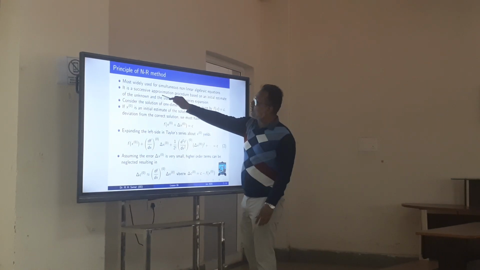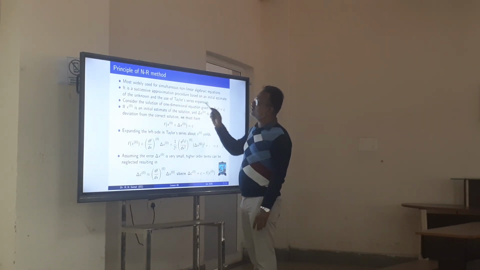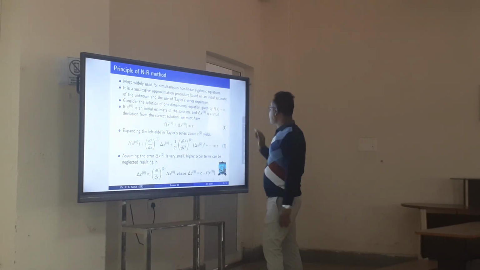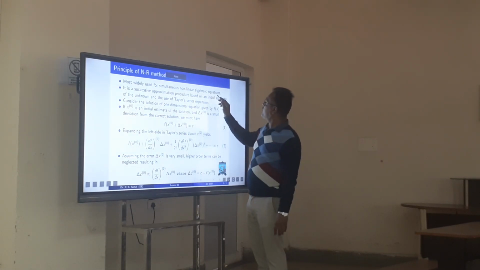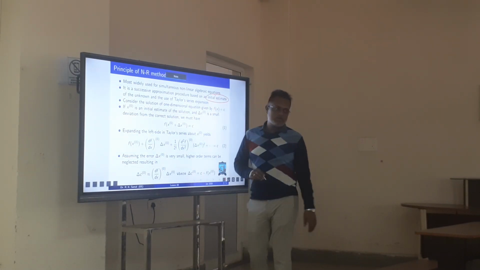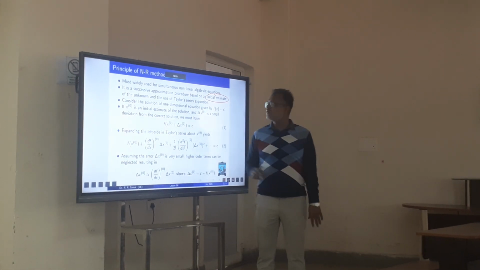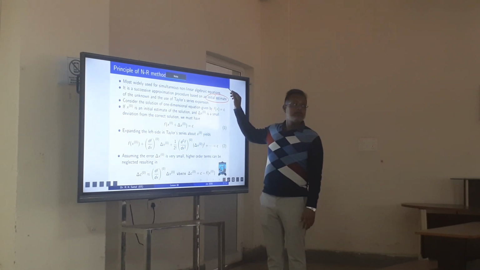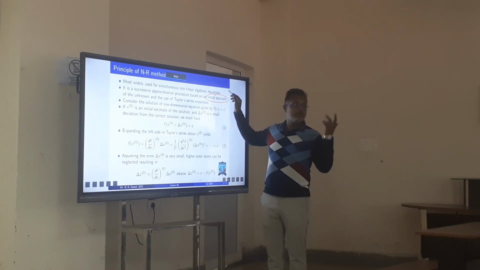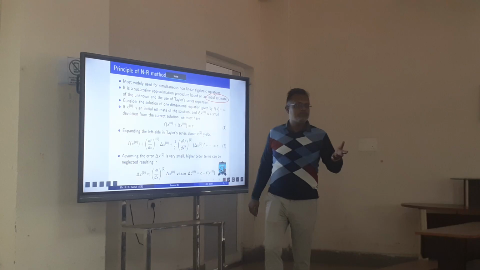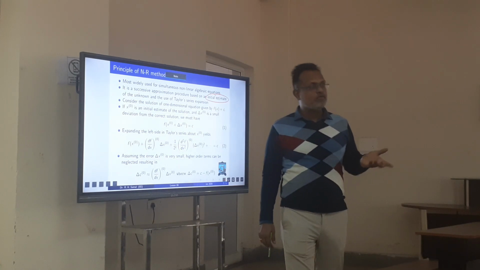It is a successive approximation procedure based on the initial estimate of the unknown. So you have got two things. One is an initial estimate that you will give. So if you want to give a bus voltage initial estimate, how much will you give? See, power flow problem means solving the bus voltage magnitudes and angles.